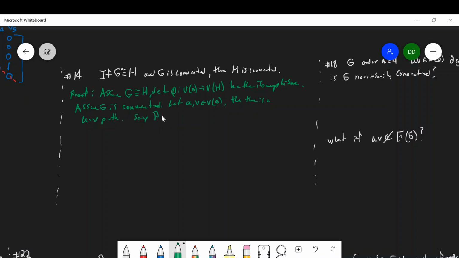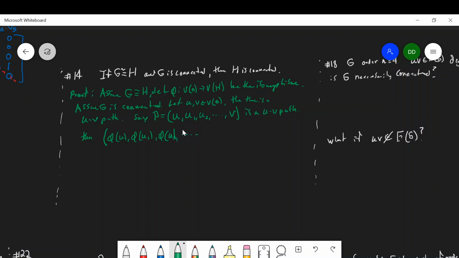So say P equals, so it goes from U to V. So U, I don't know, how about I use U1, U2, up to V is a UV path. So just give yourself an arbitrary path between U and V. And what I want to do is look at the image of this path in H under phi. So then phi of U, phi of U1, phi of U2, and so on.